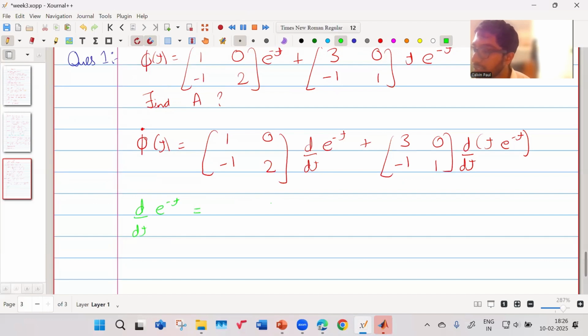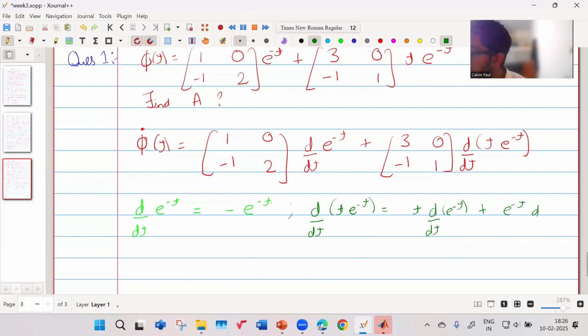The derivative of e to the power minus t is actually what? Minus of e to the power minus t, right? Then what is the derivative of t into e to the power minus t? That is t into the derivative of e to the power minus t plus e to the power minus t into the derivative of t.